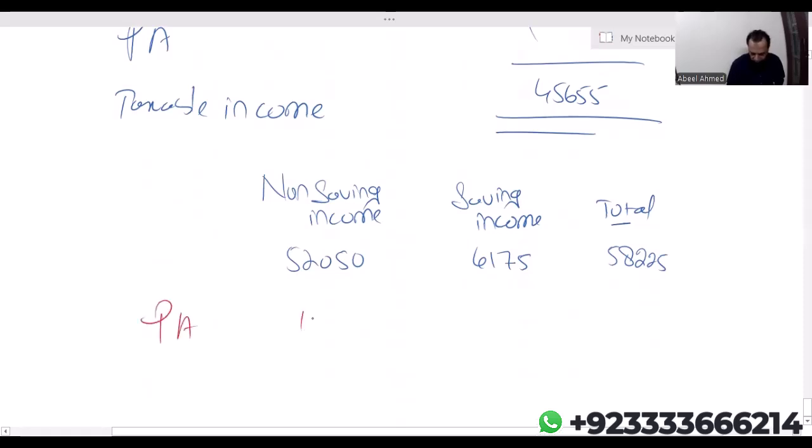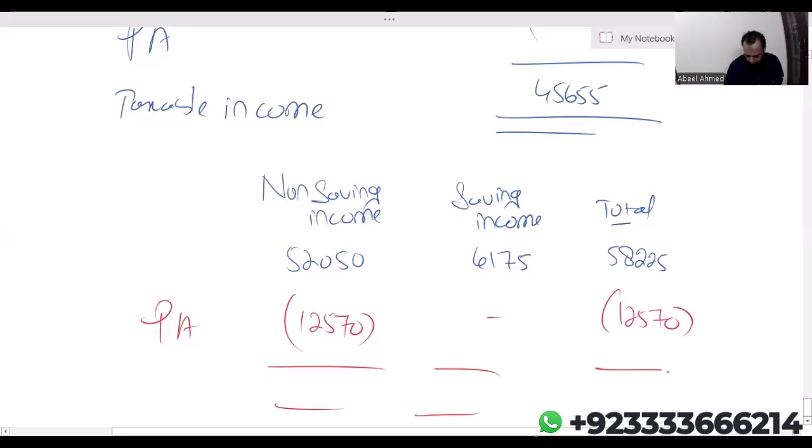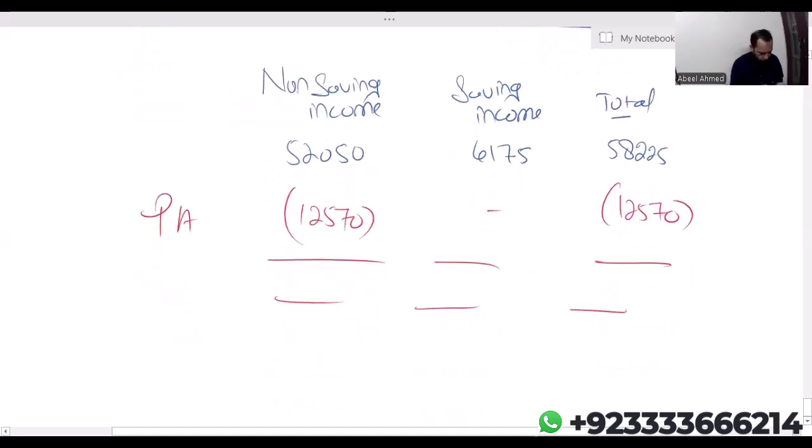Personal allowance, obviously, while calculating the tax, you have to deduct from the non-saving first. 39,480 and 6,175. So 45,655 taxable income.